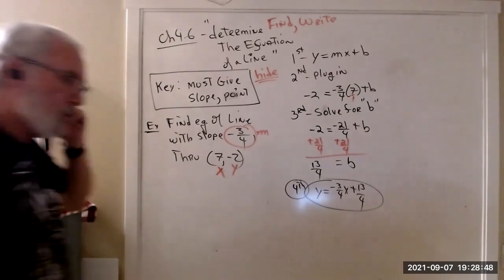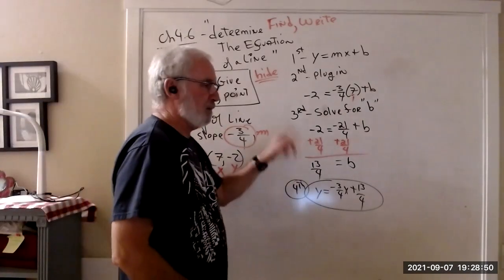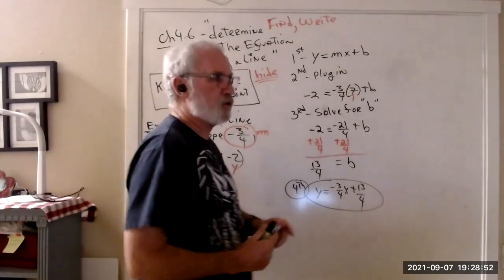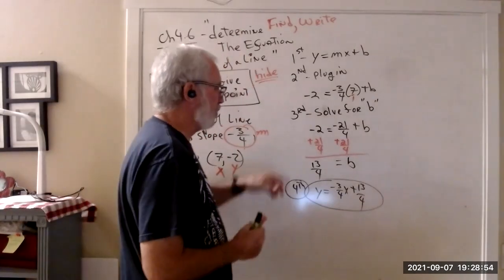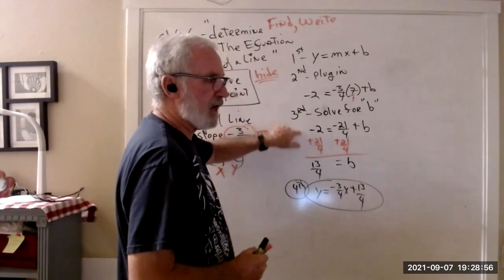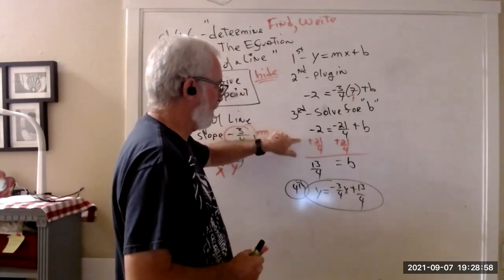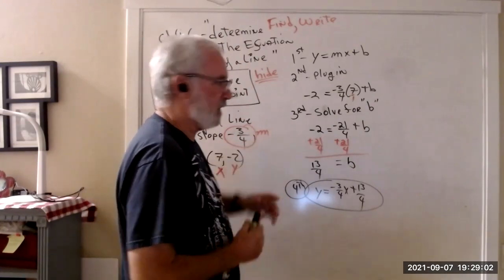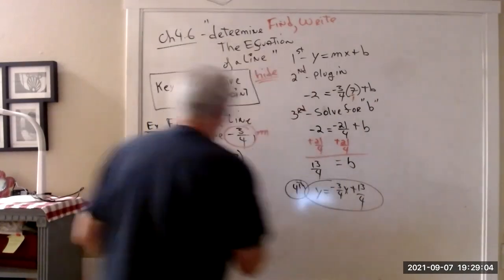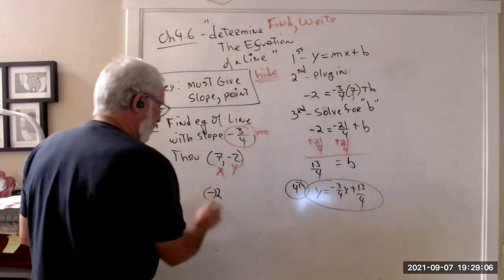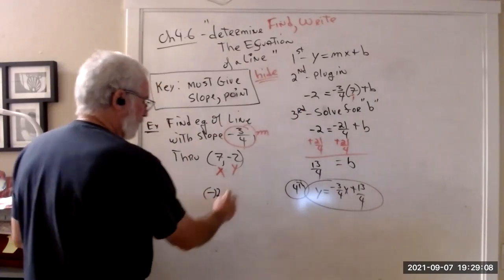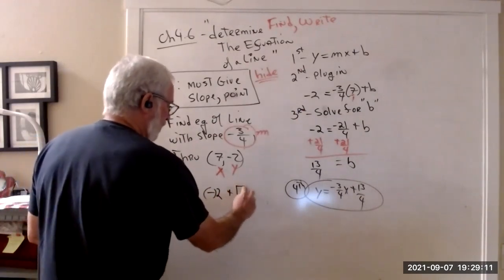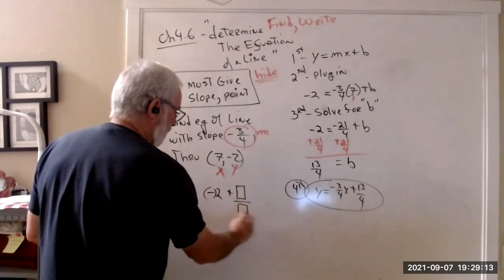Okay, well, first off, I use your calculator, but I'll show you what I did. If you're not sure, use your calculator just to add those, -2 plus 21/4. On your calculator, remember you have this button.